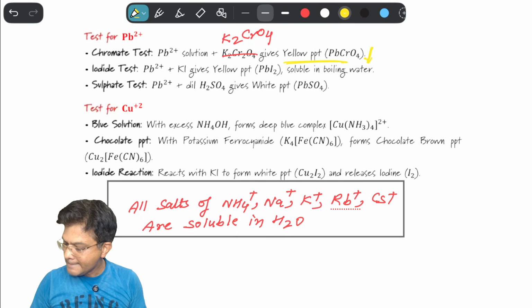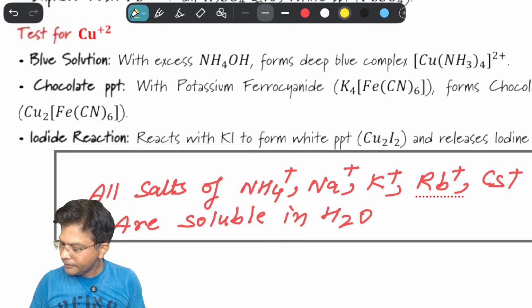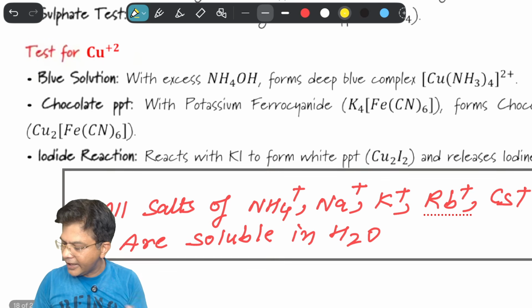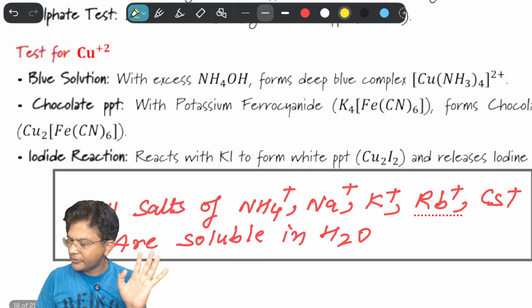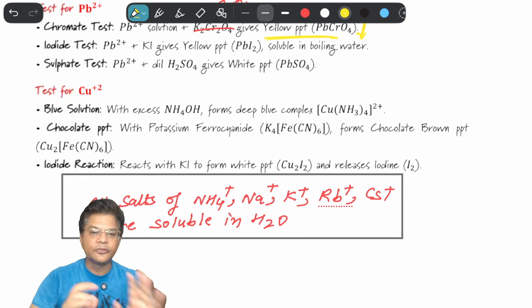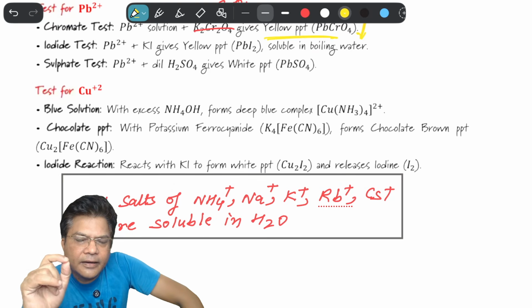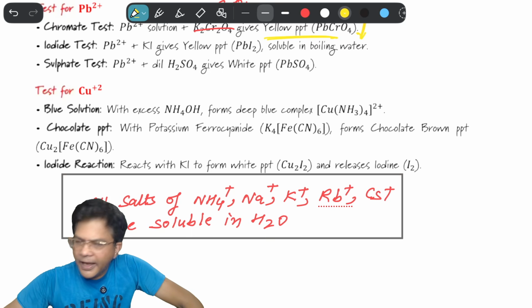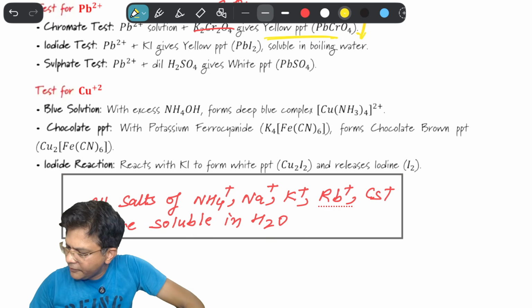Now see, with excess ammonium hydroxide, they have directly written the confirmatory test. Now see, when you add dilute HCl and pass H2S gas, you will get a black color PPT of CuS.